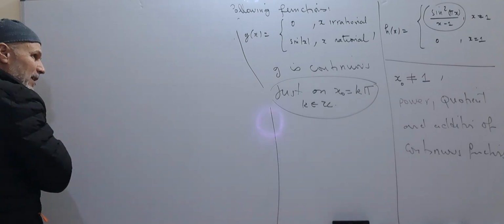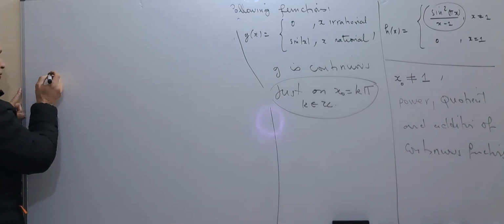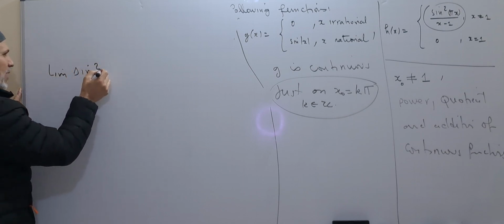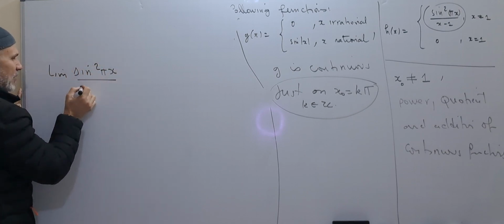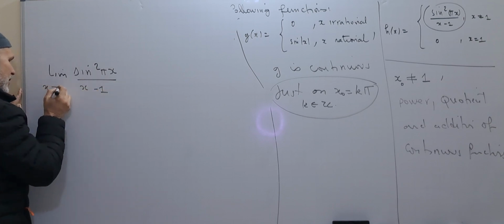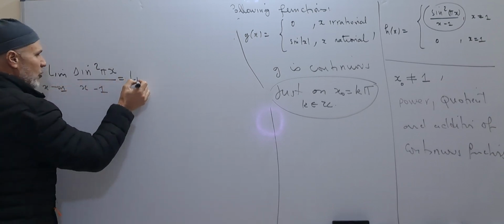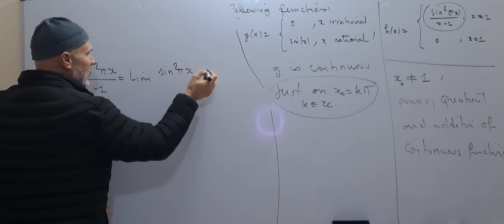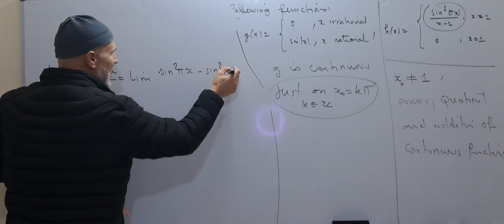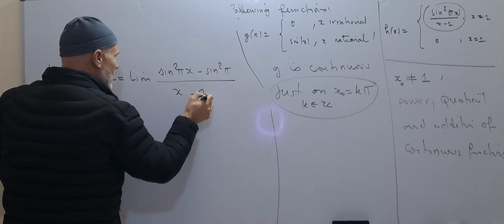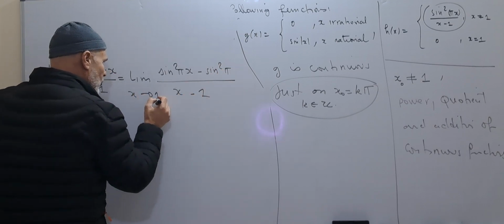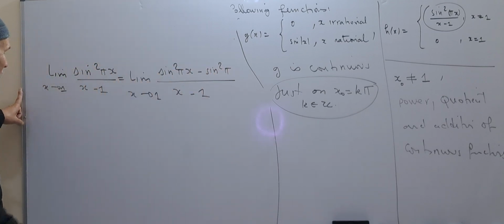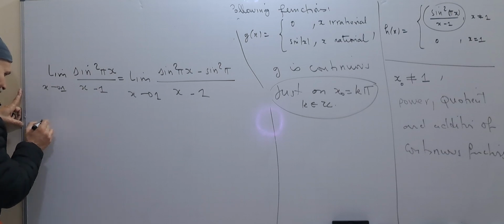We can remark that the limit of sine square pi x divided by x minus 1, when x goes to 1, is equal to the limit of sine square pi x minus sine square pi divided by x minus 1 when x goes to 1, because sine square of pi is equal to 0, so no change.